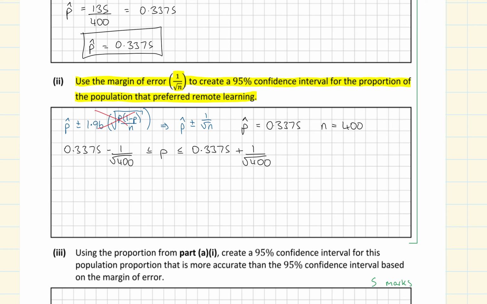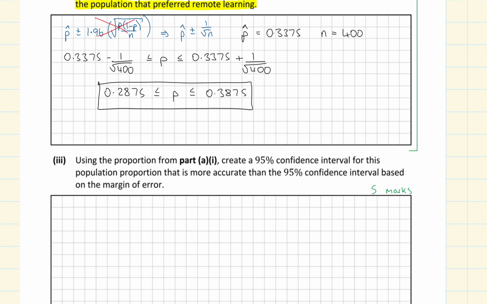Into our calculator, 0.3375 minus 1 over root 400 will give me 0.2875 less than or equal to p less than or equal to, let me go back now and swap that minus for a plus, and we get 0.3875. And there's my answer. That's my 95% confidence interval using a margin of error of 1 over root n.